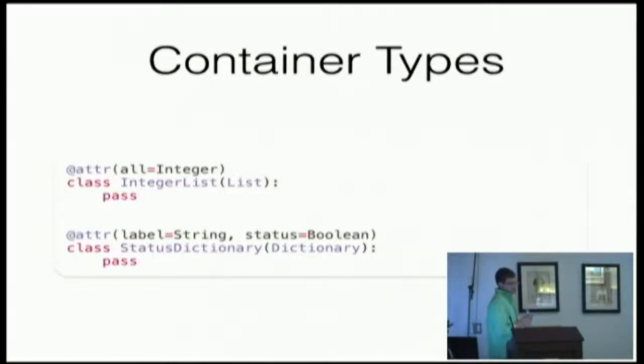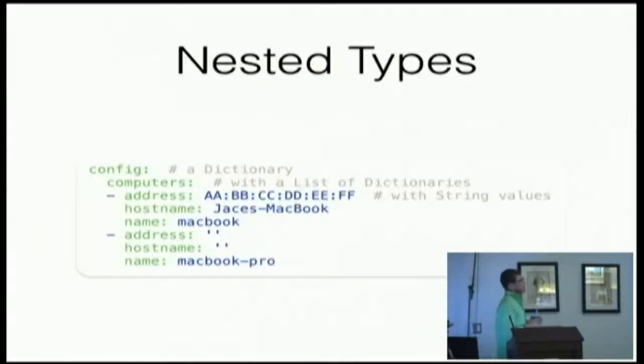In this example, we've created a list of an object with a config attribute, which is a dictionary in Python. Inside of that, there's a key, and the value is a list of dictionaries. And then each of those is a dictionary with string values. So if any of these change, the nested values will also be updated in the object.